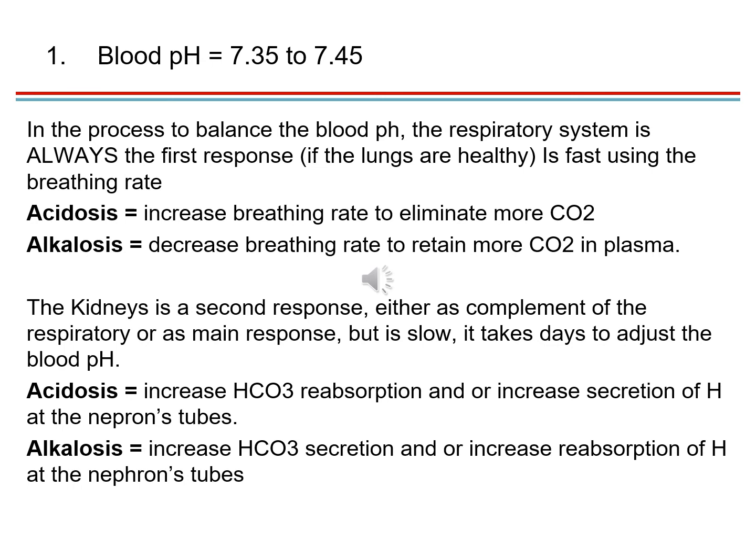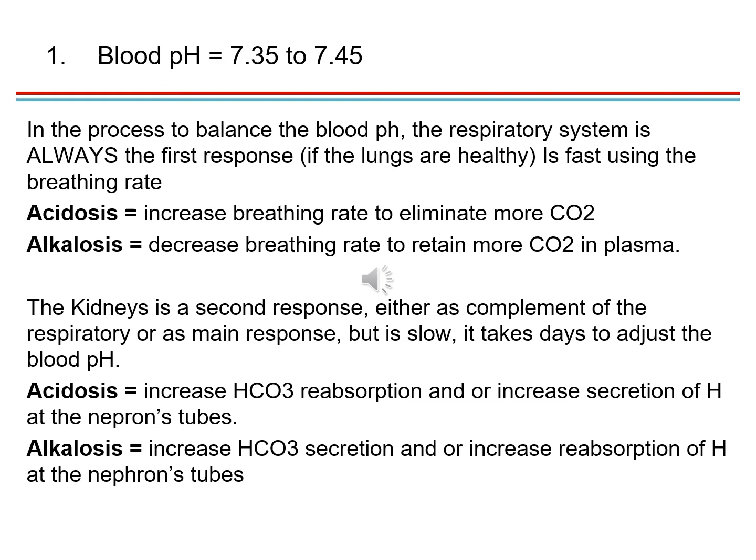Now, the second response is happening in the kidneys, and the kidneys can or cannot compensate the action of the respiratory system. Let me explain how the kidney works if we have a blood acidosis or a blood alkalosis. If we have a blood acidosis, the kidney increases, and please pay attention to that, the bicarbonate reabsorption.